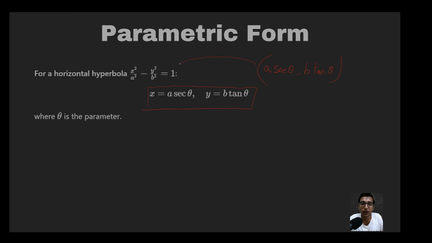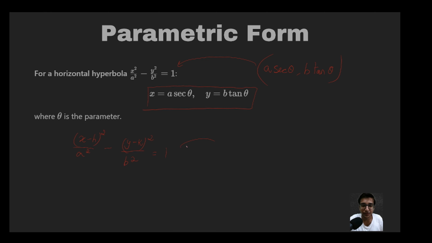Now if you try to input these values in this equation, of course it would satisfy it. Now let's say the hyperbola was given with some center. Let's say this was my hyperbola. Sorry, this is not y square, this is y minus k square by b square equals 1.